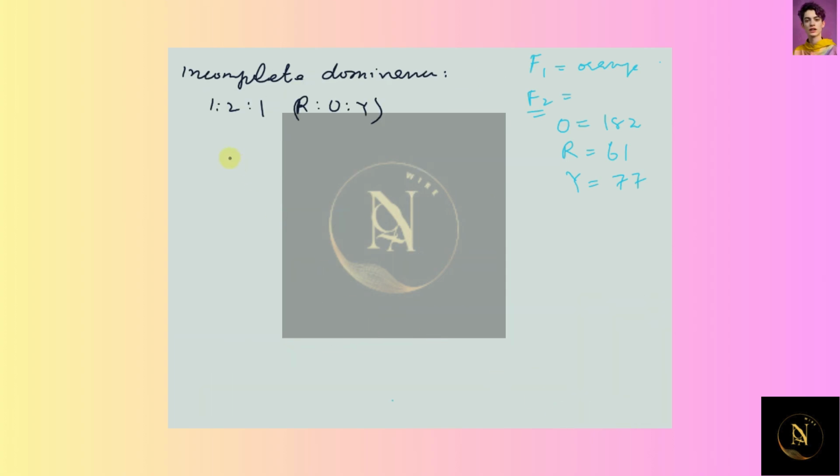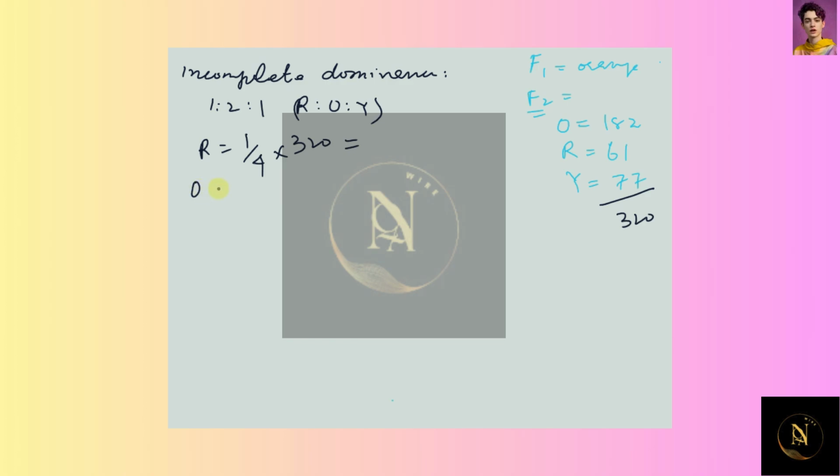Now let's find the expected proportion of all the individuals according to incomplete dominance. So red will be 1 upon 4, as you know that the total number of the plants here is 320, 1 upon 4 of 320.